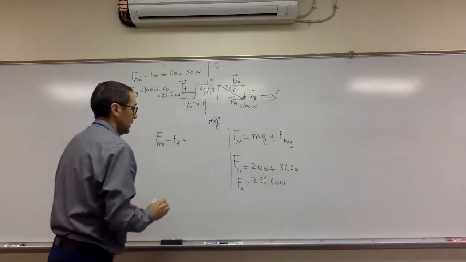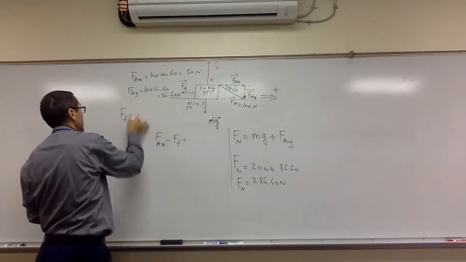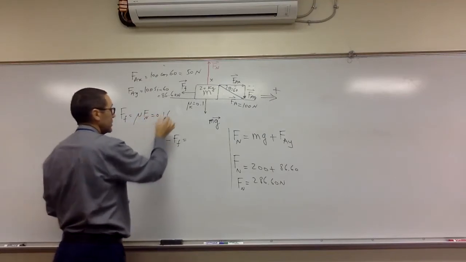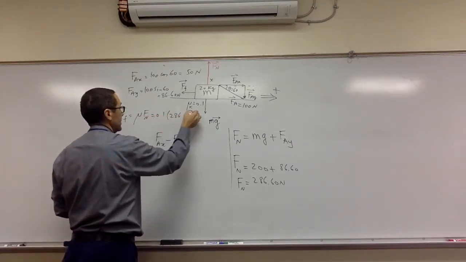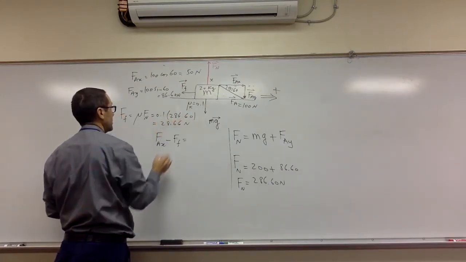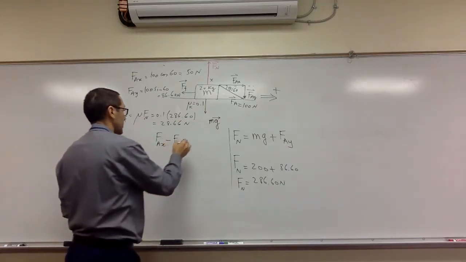which means the force of friction is mu times Fn, which is 0.1 times 286.60. So that's 28.66 newtons. So Fax is bigger than Ff, so we're going to accelerate to the right.